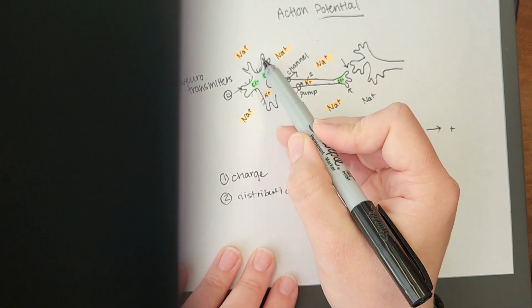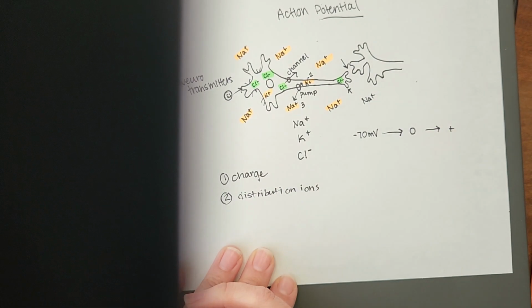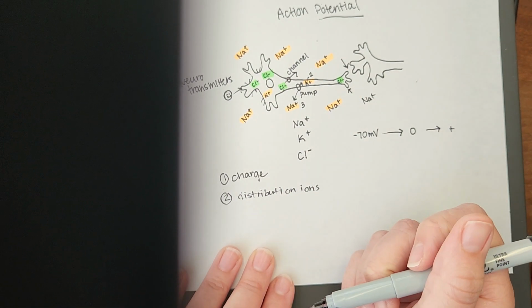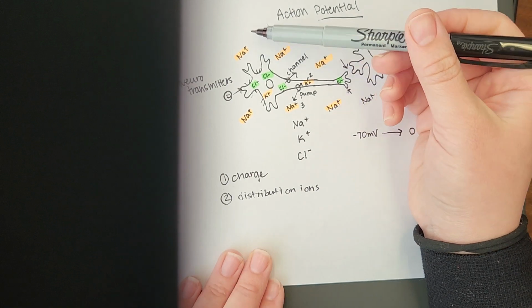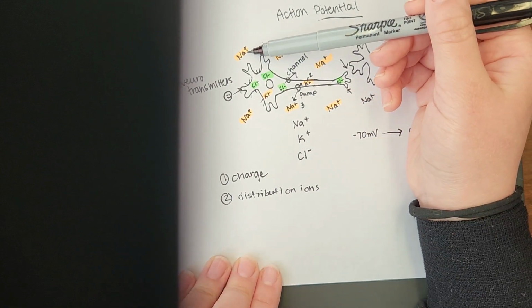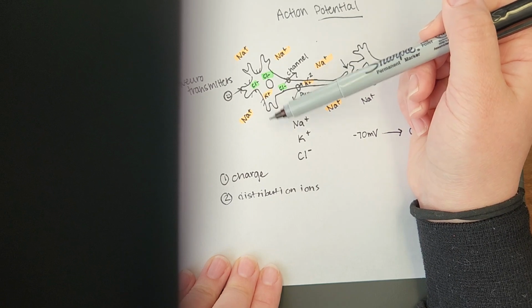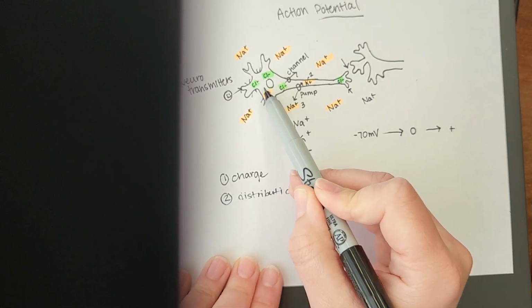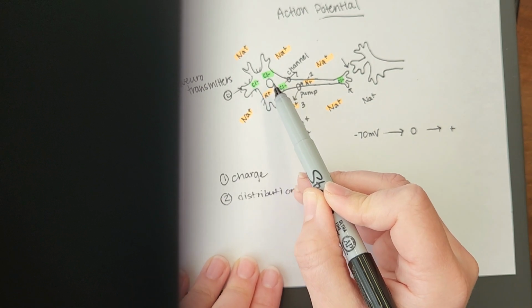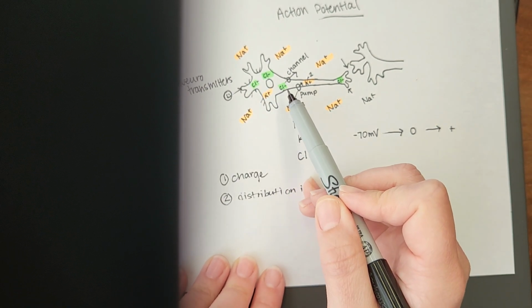And when these channels or doors open, then the cell is allowed to briefly go to equilibrium. The charges, so for example, the sodium will float into the cell, causing the negative intracellular matrix to become more and more positive until it becomes neutral.